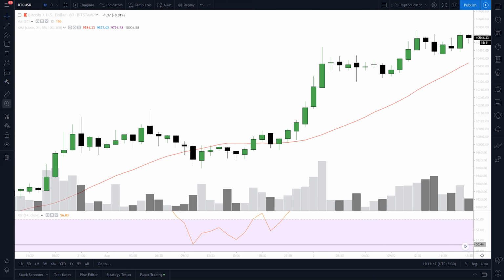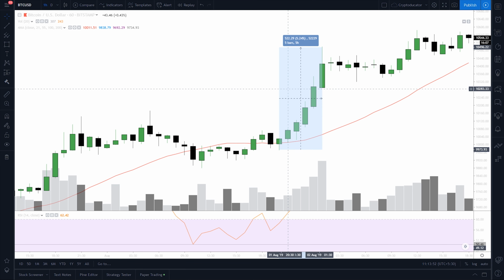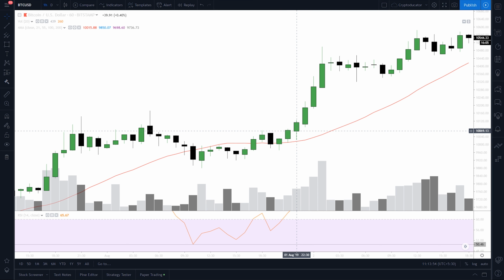You have a consistent uptrend of 5.2%. Candles after candles after candles, each candle progressing, each candle having a greater size than the previous one, and the volume signature rising. This is a perfect, beautiful setup. As soon as you see the volume dying, that's where you get off the market.